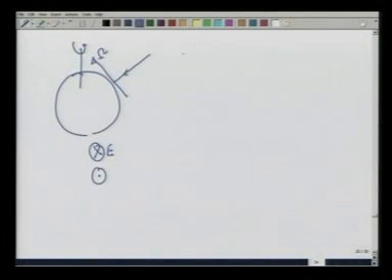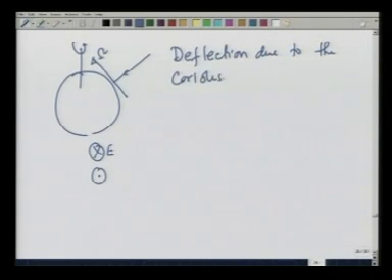So, the deflection due to the Coriolis force is going to be towards east.